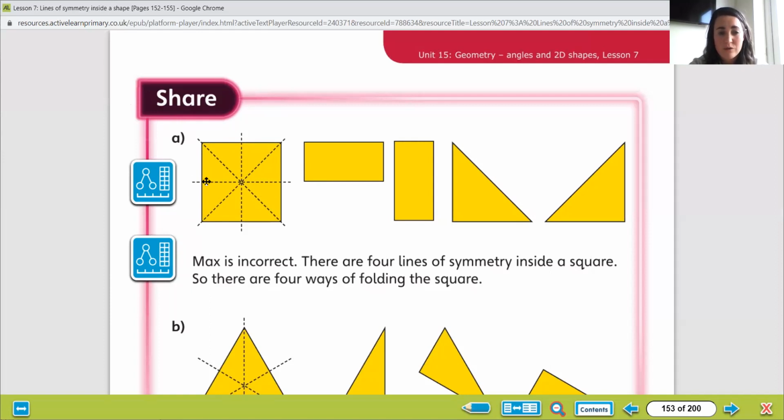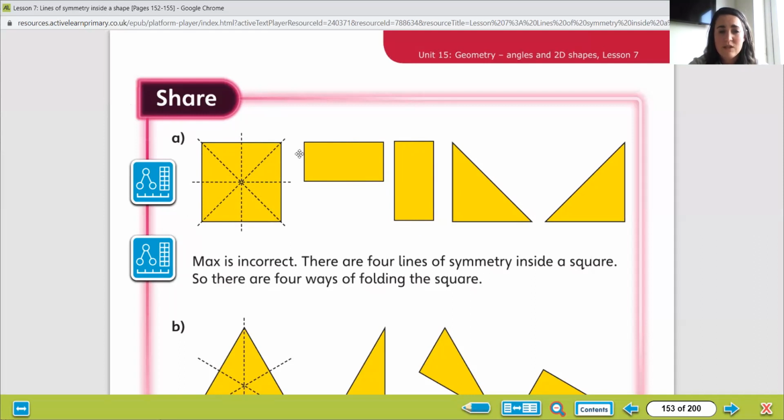We've gone horizontal from one side to the other. If I go horizontal, I am left with two sides that look like this. Top and bottom would look like that if I was to cut it. I could also put a vertical line of symmetry, right down from top to bottom. That way, I'd have two sides looking like this.